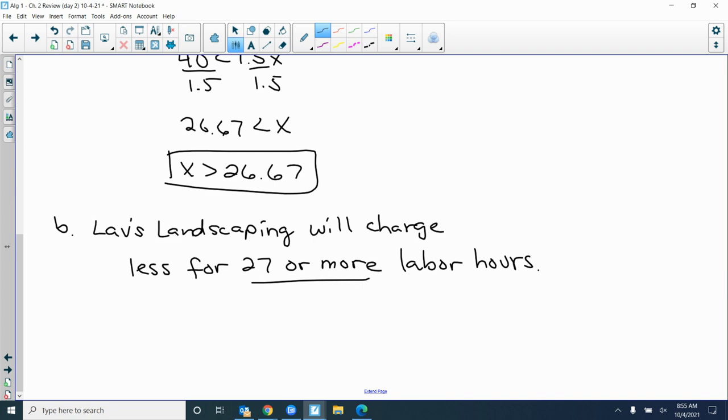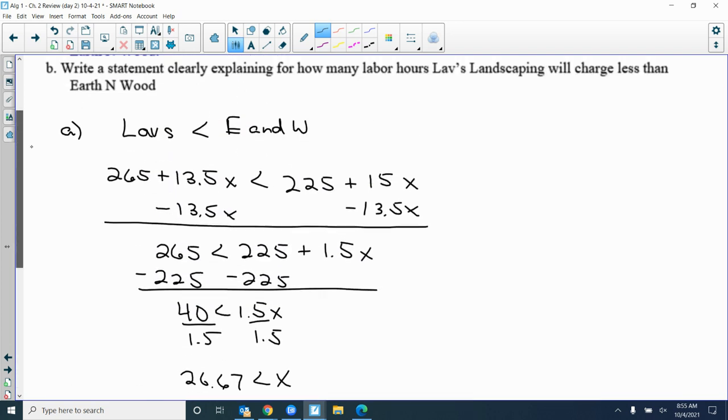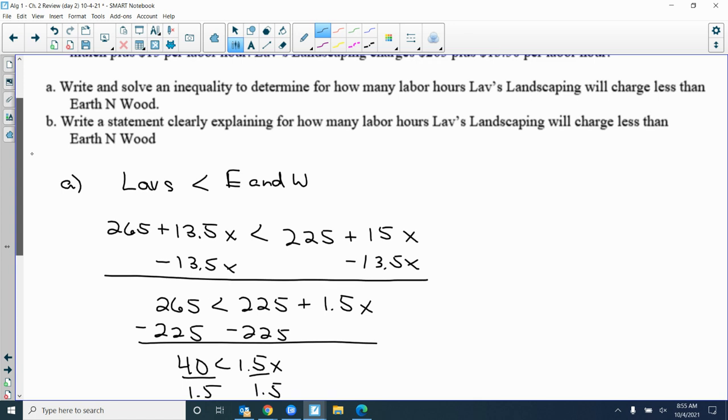So the way labor hours work is the total number of guys or girls working, and then you add them up. So if you have 3 workers and they're all working 8 hours, that's 24 labor hours. That wouldn't just count as 8 hours. But if it would take the crew more than 27 labor hours, then you would want to go with Labs Landscaping. So you got to figure out how that's going to be. 27 or more. Okay, because we're going to start it out at a quarter hour.